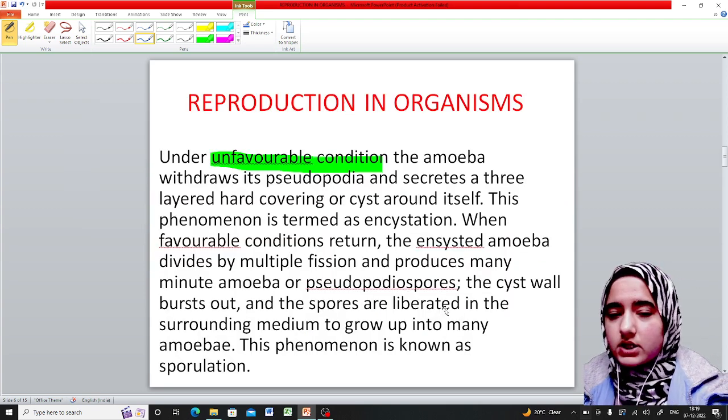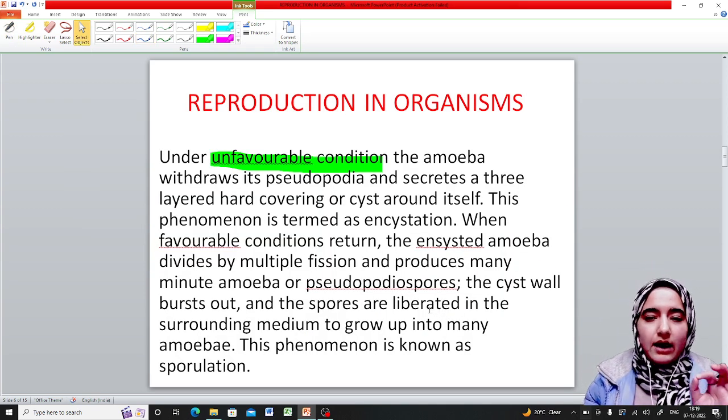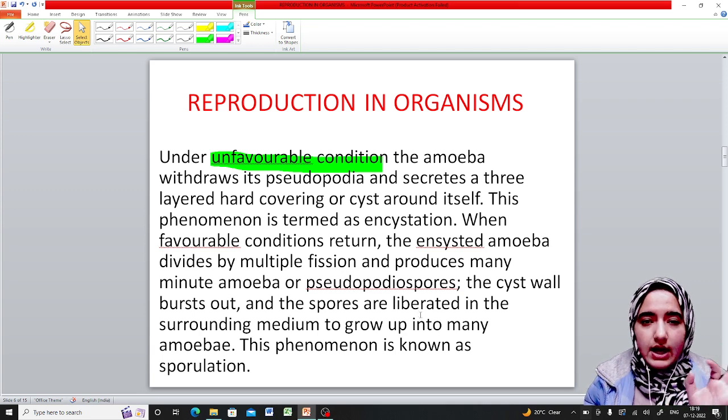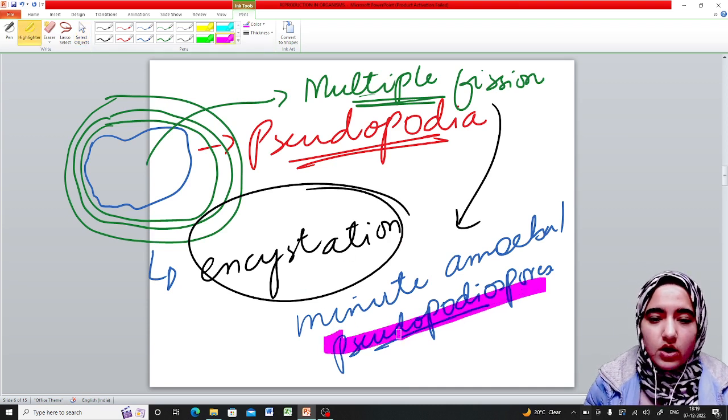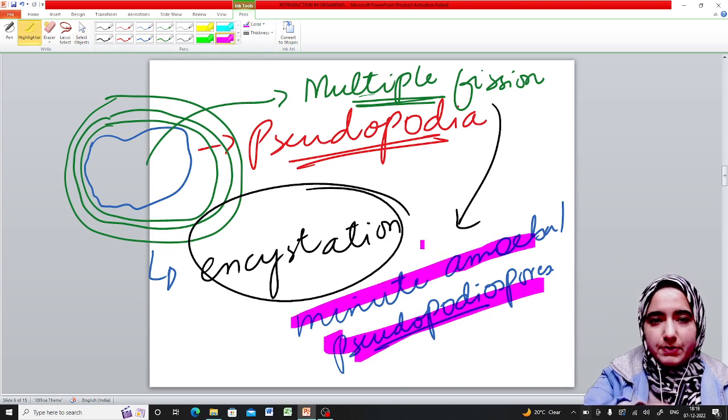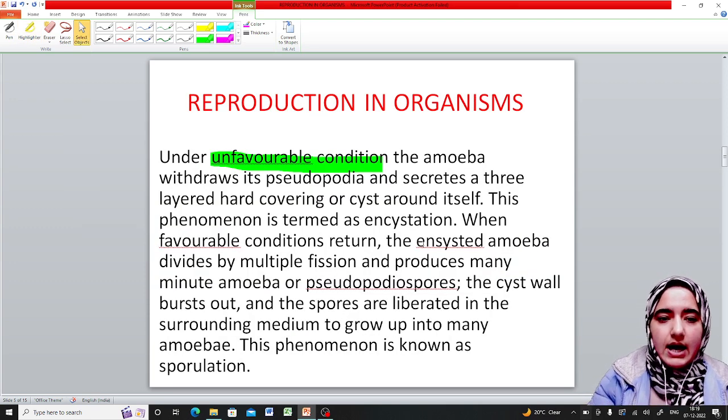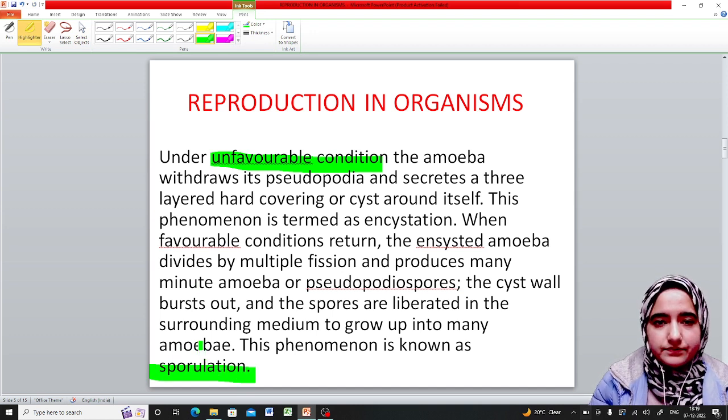I hope this concept is clear. Once favorable conditions come again, this encysted amoeba bursts out, and these spores, pseudopodiospores or minute amoeba, are spread around in the environment, and this phenomenon is known as sporulation.